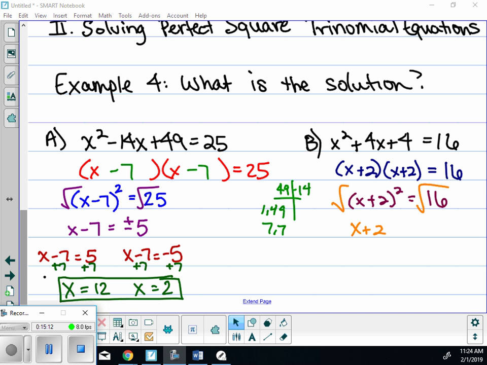So x plus 2 equals positive or negative 4. So we have x plus 2 equals positive 4, or x plus 2 equals negative 4. Subtract 2. We get x equals 2 and x equals negative 6.